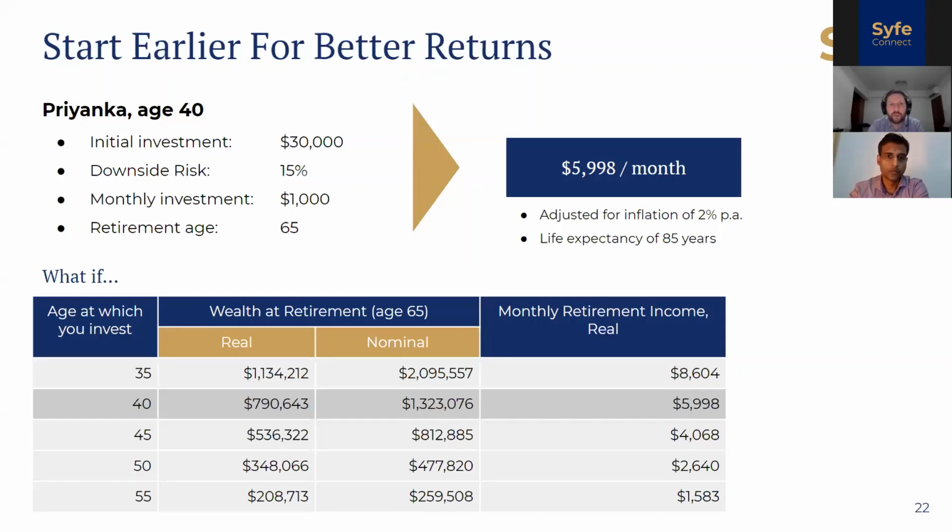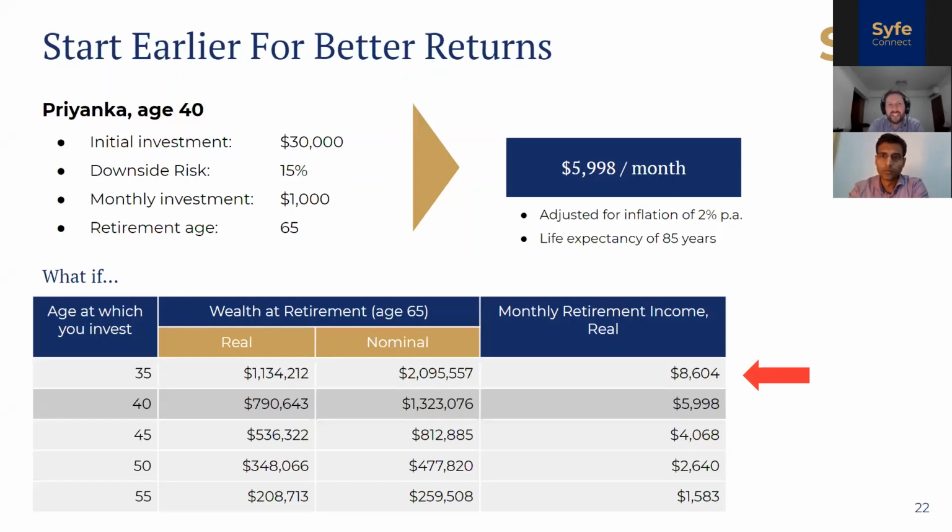Okay, so very straightforward calculation there. But what if Priyanka was to start a little bit earlier than age 40? If she was to start 5 years earlier, what would be the impact here?